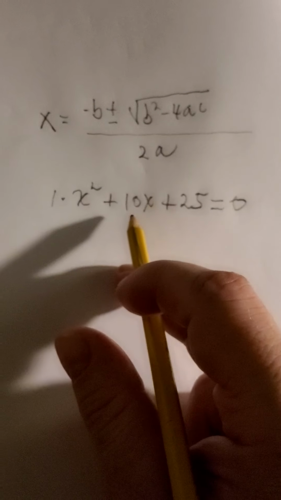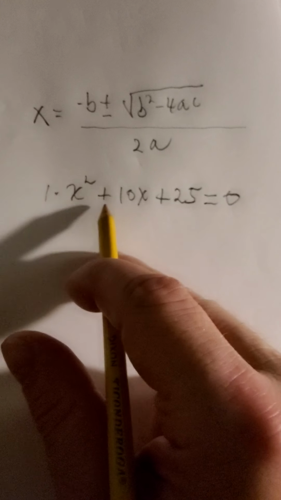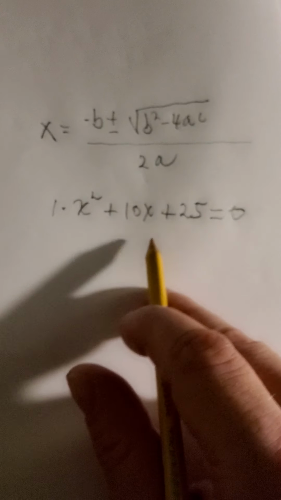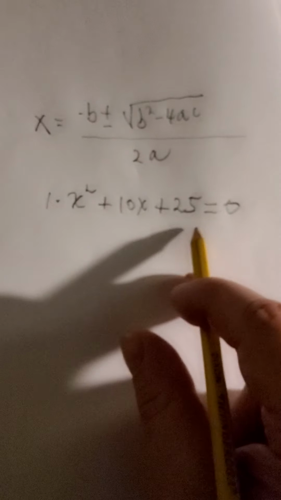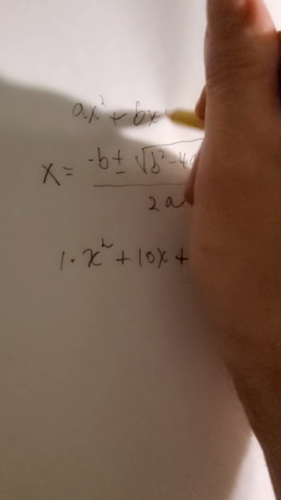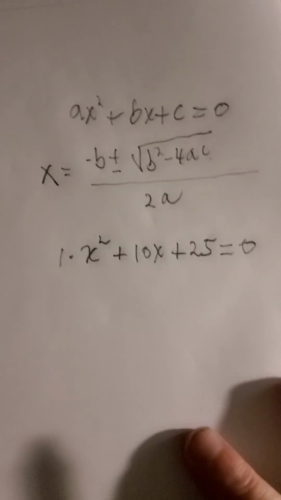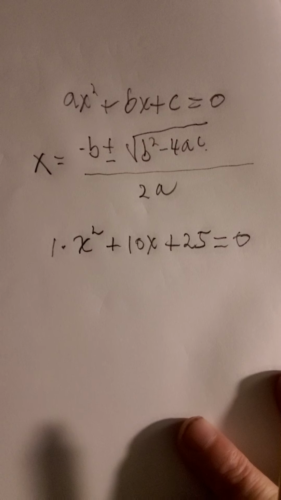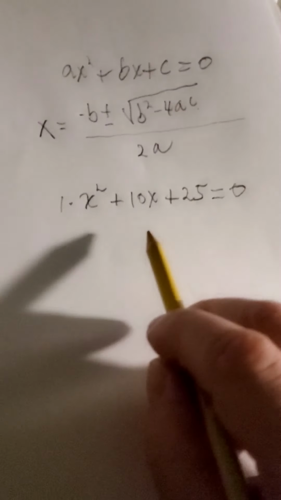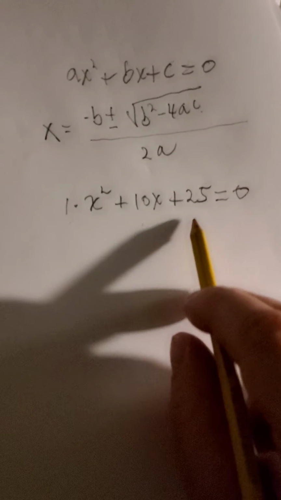You could write this as 1 times x squared, so you've got x squared with a equal to 1, plus 10x, so b is going to be 10, plus c will be 25, okay? Because you're comparing it to ax squared plus bx plus c equal to 0. That's your quadratic equation format right there, okay? So here, a equals 1, b equals 10, c equals 25.